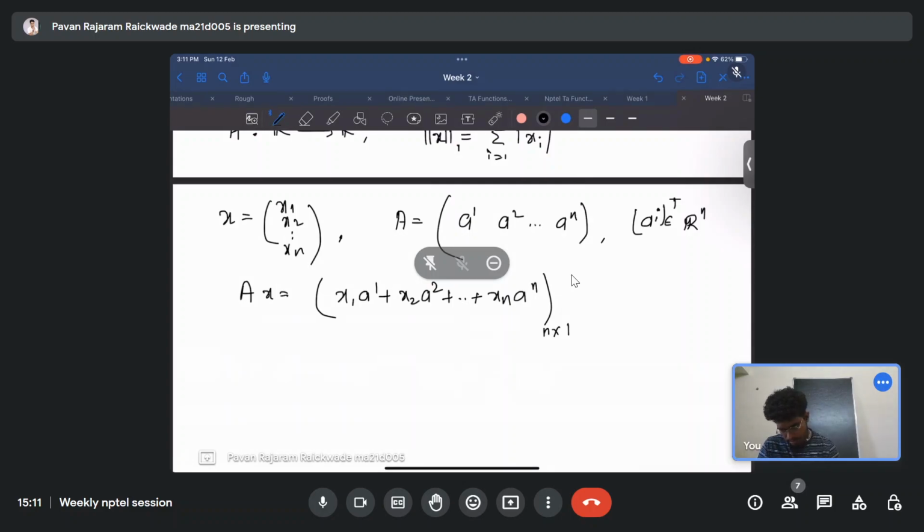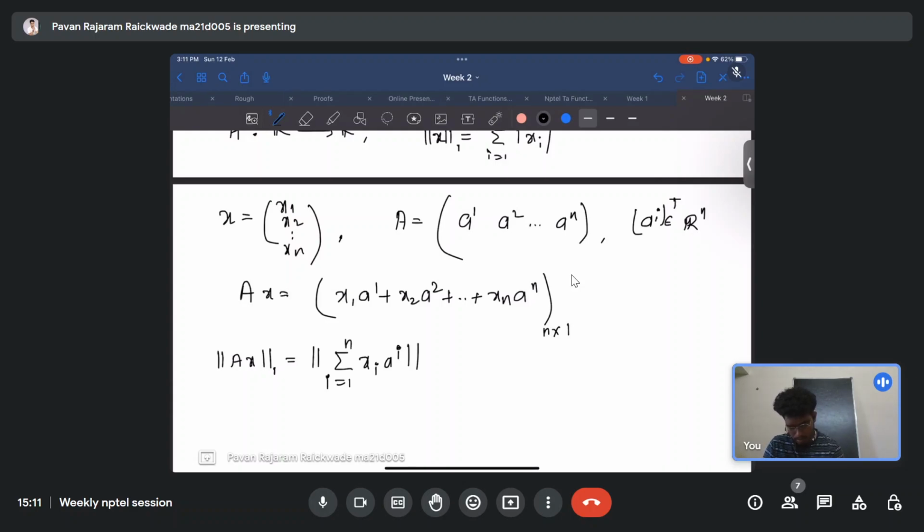So if I want to take the norm of Ax, this time I'm taking the one norm. The norm of Ax will be the norm of the summation of xi ai, i going from 1 to n.